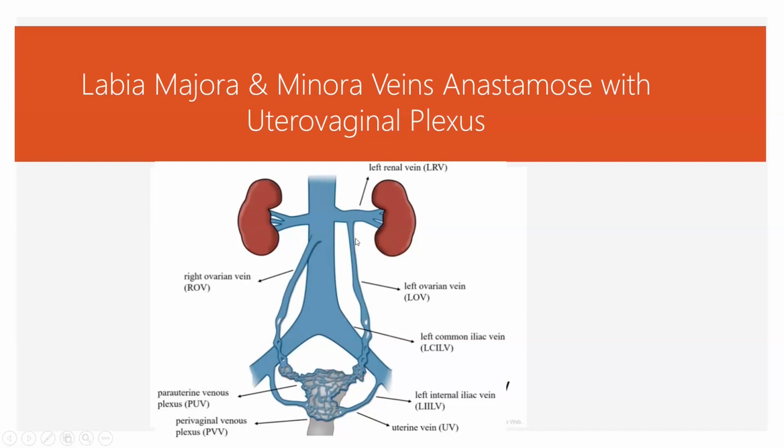And so this is super important because now we're seeing again how there's more involvement with structures that are higher up. So the left ovarian vein is very commonly the cause of pelvic congestion.